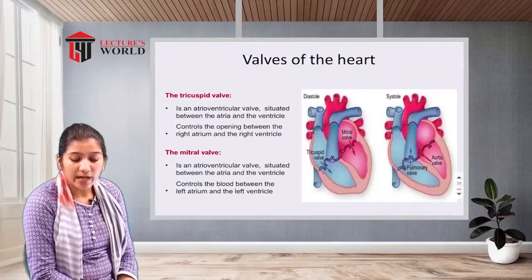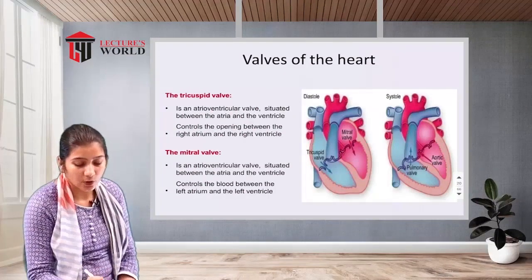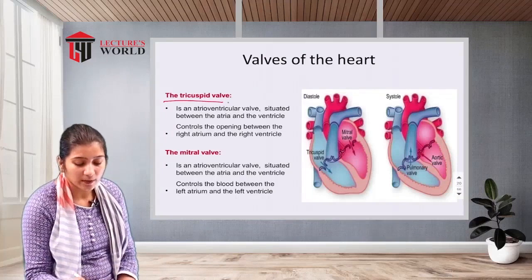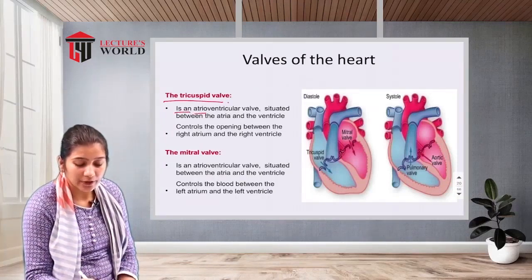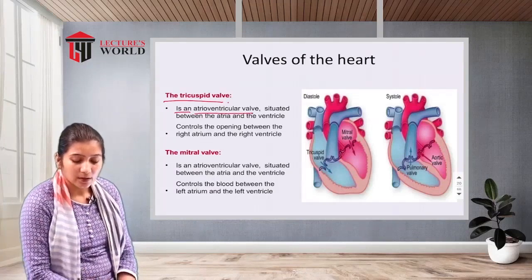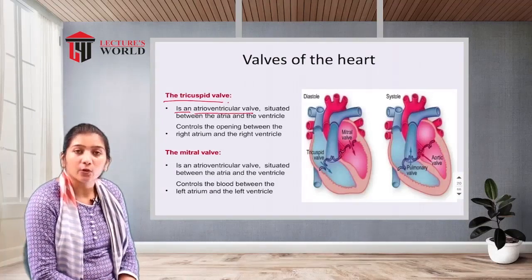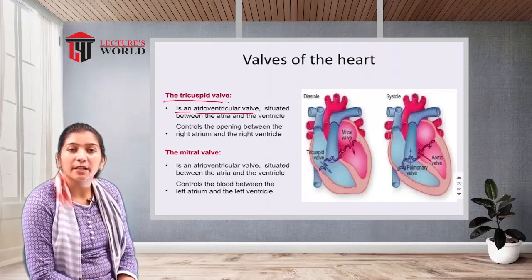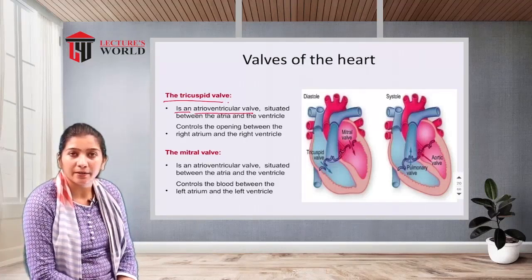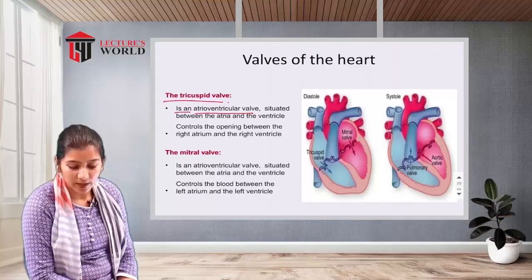Now, what are the valves of the heart? First is the tricuspid valve. The tricuspid valve is an atrioventricular valve. Why is it known as the atrioventricular valve? It is because it is present between the atrium and ventricle.